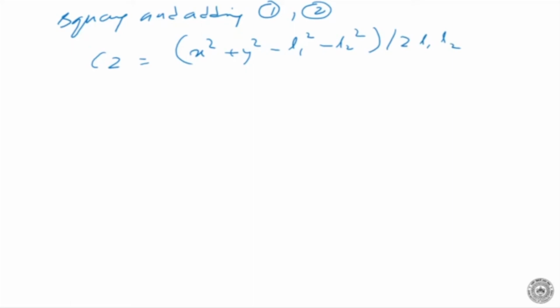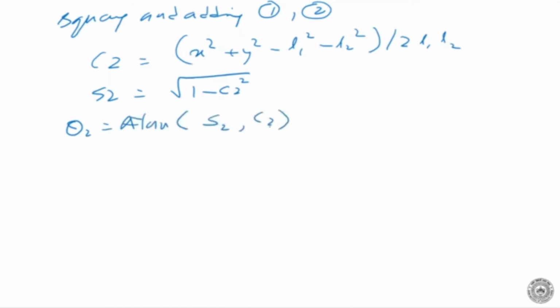And from cos theta 2 we got sin theta 2, which is root of 1 minus cos theta 2 squared, and then we use the atan function to get theta 2 equal to atan of sin theta 2 and cos theta 2. This gave us the positive solution.